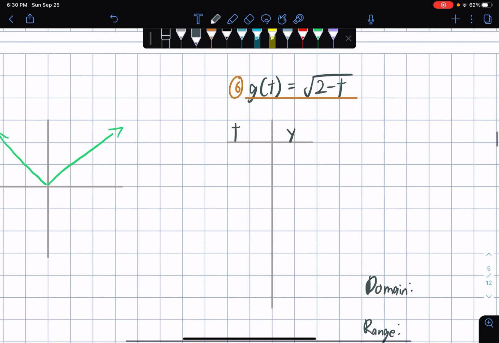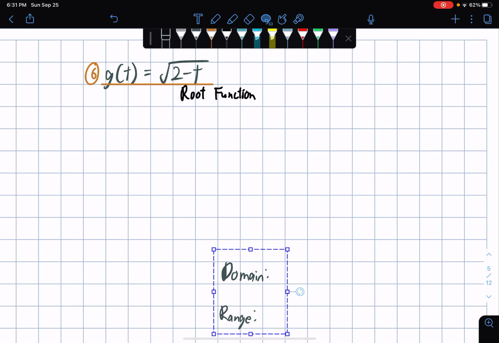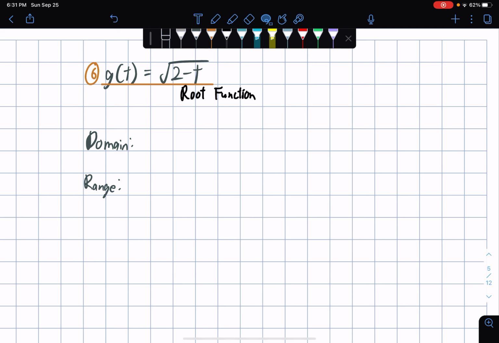Right, let's move on to number 6. So this particular function is called a root function. This is also the other type of function that I mentioned earlier, that we don't really have to graph specifically anymore, since it's quite difficult.